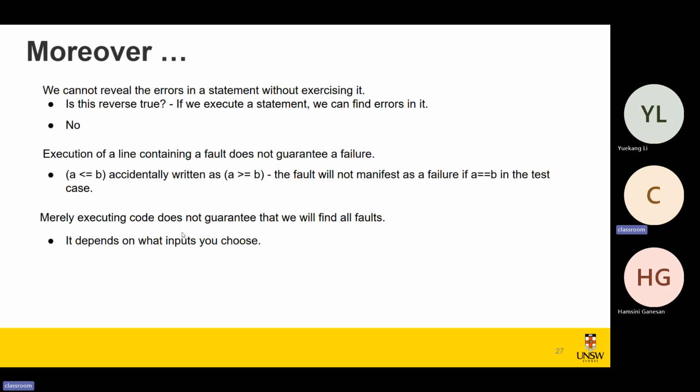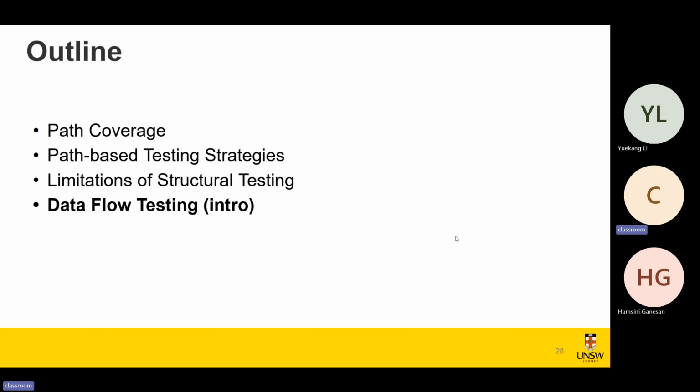It depends on how we reach a certain point of the code, and we need to care about the values and data. So that's why we also need to consider data flow when we design test cases for white box testing.